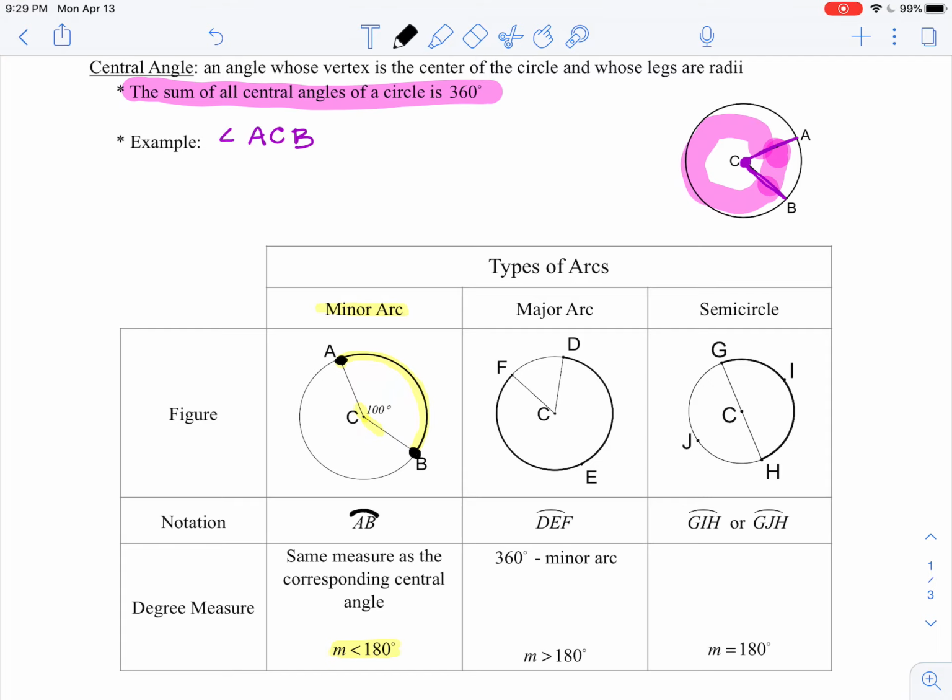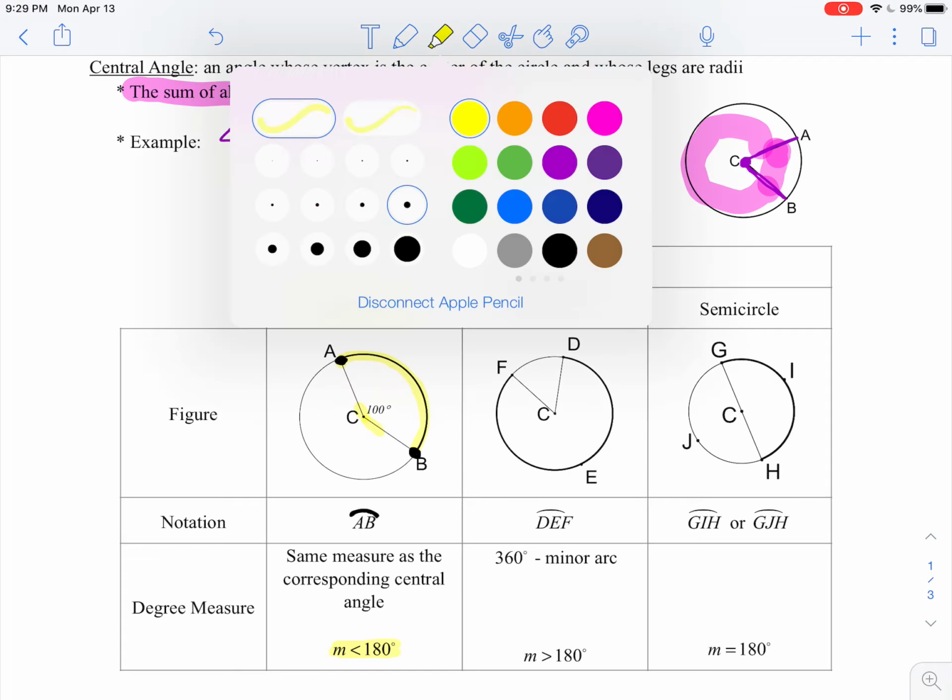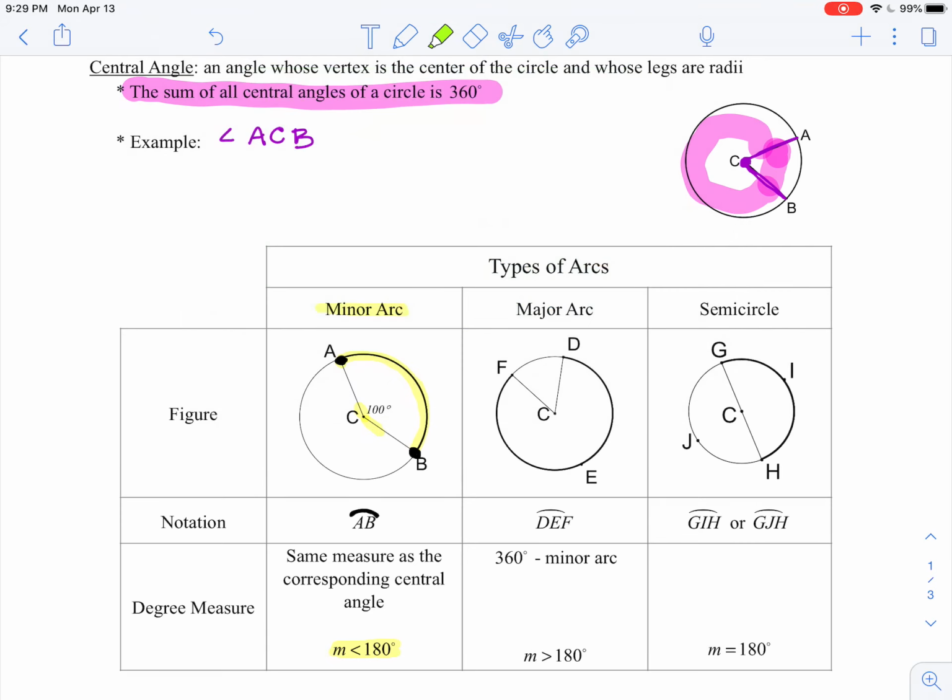We also have major arcs. Major arcs take up more than half of the circle, but less than the full circle. So here we have a major arc, D, E, F, and that indicates this portion of the circle. This arc can start at point D, pass through point E, and end at point F. Major arcs are always named with three letters.